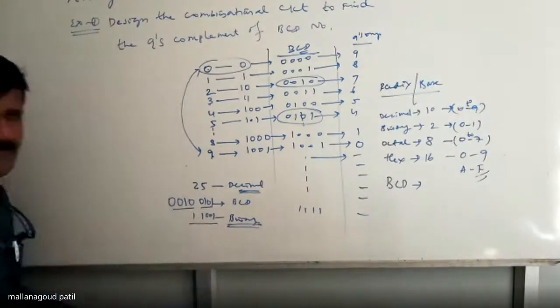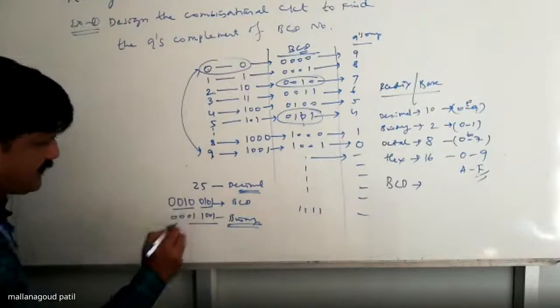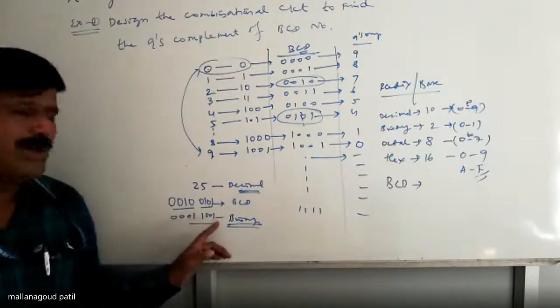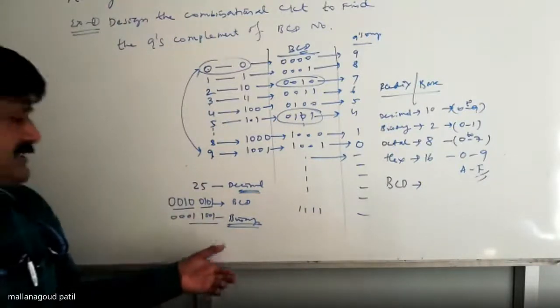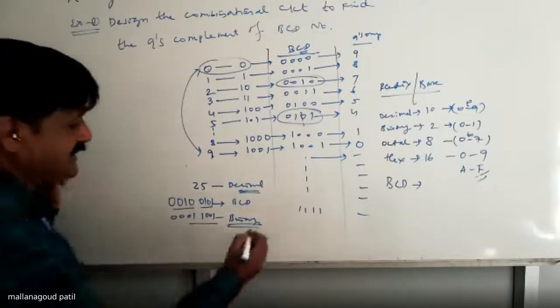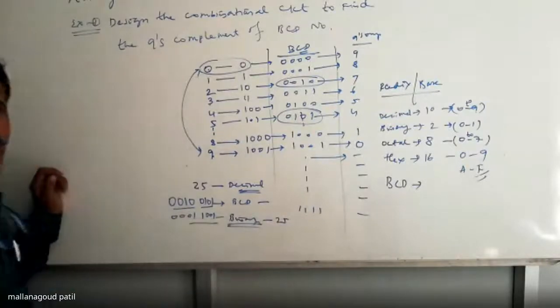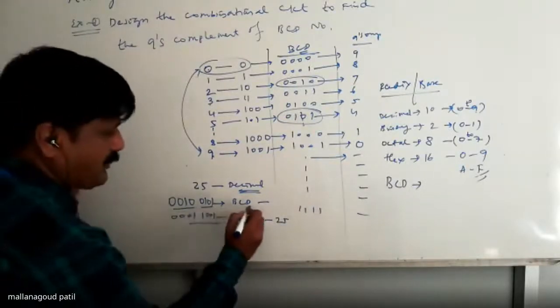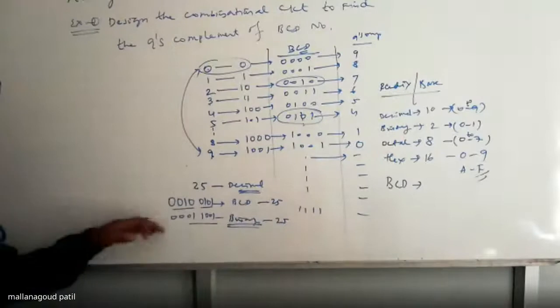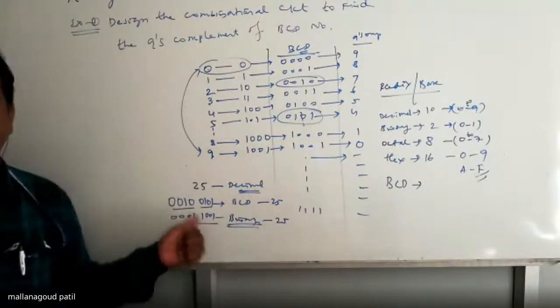I can write 0001 1001. What is the equivalent value for this binary? 25. And what is the value for BCD? 25. How are these two represented in 0 and 1?